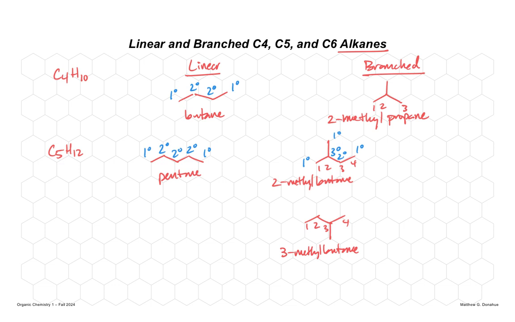We can draw one more C5 isomer. Now we're going to take away 2 carbons, so the longest chain has to be propane. We have 2 carbons to put in there.